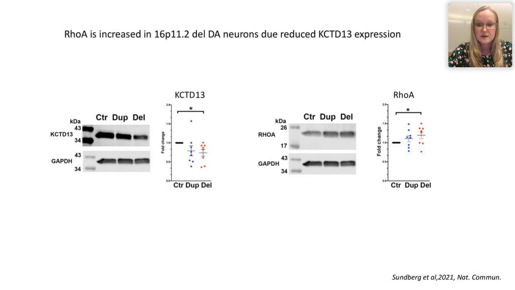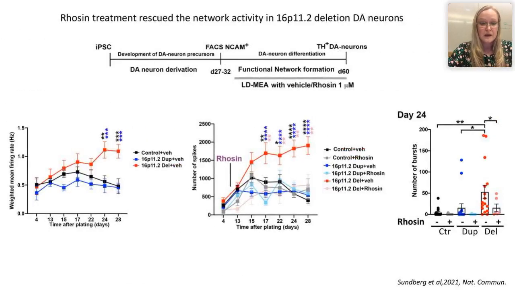At the same time, we detected increased RhoA expression in the 16p deletion cells compared to the control population. Then we wanted to see whether we could rescue the network function by blocking RhoA activation with a specific molecule, rhosin, which is a specific RhoA pathway inhibitor.